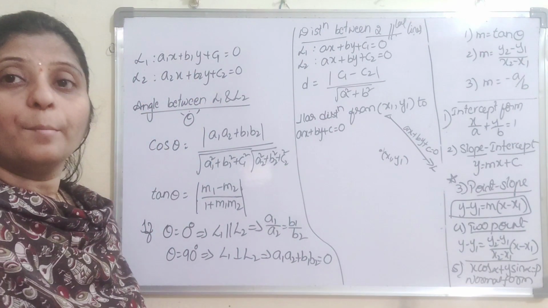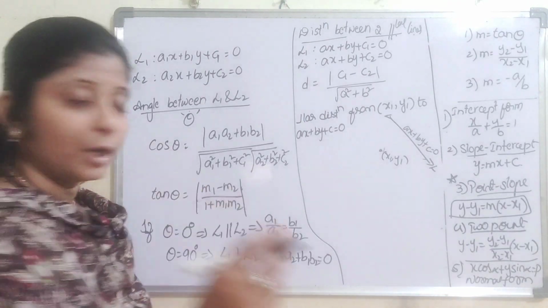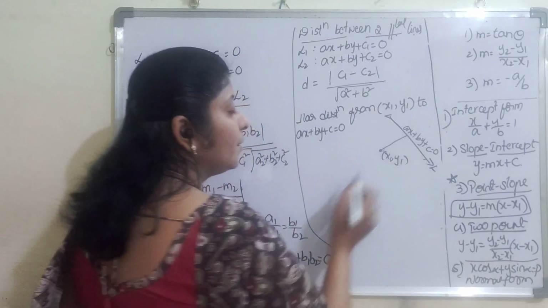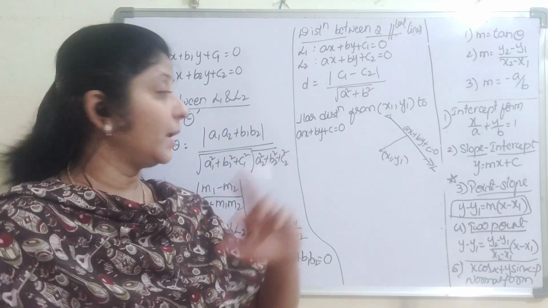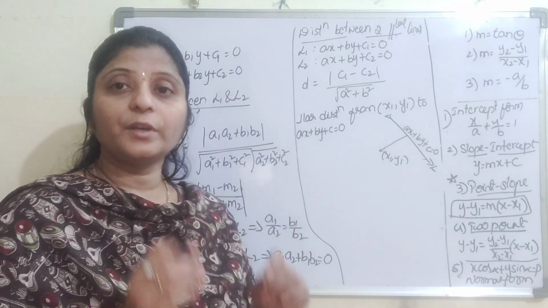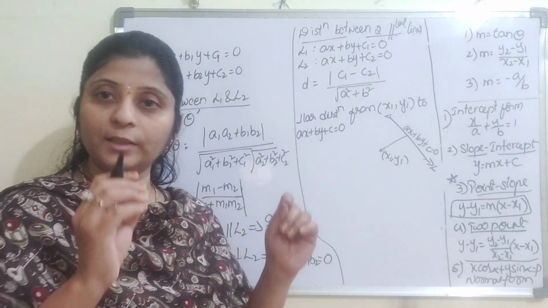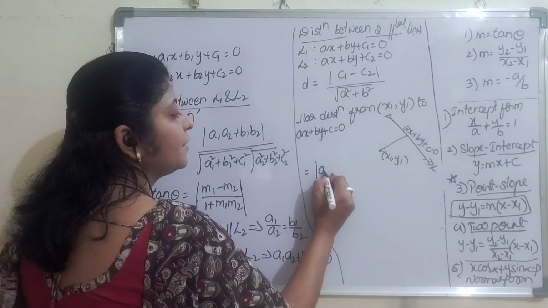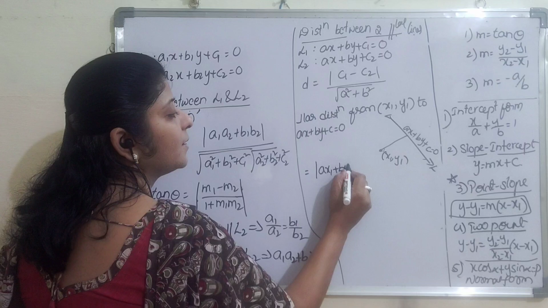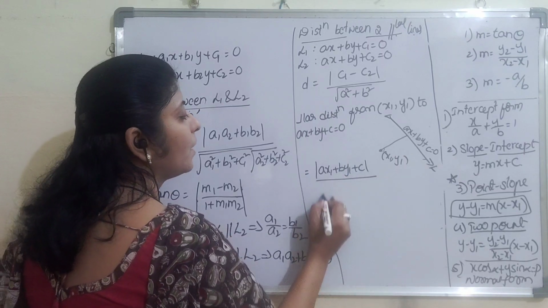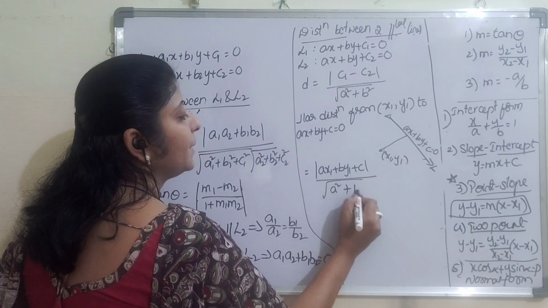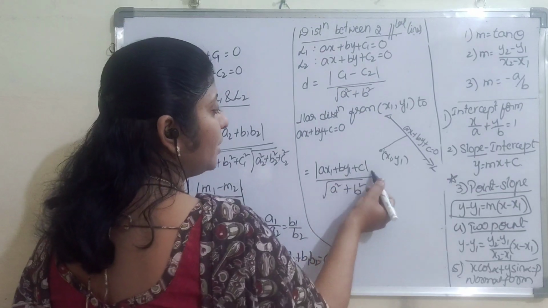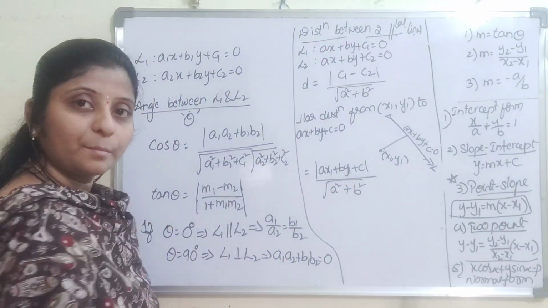The shortest distance will be the perpendicular distance. For any point, the shortest distance to a line is given only by the perpendicular distance. It is just a simple substitution of the point into the line, over under root a square plus b square: modulus of ax1 plus by1 plus c by root of a square plus b square.